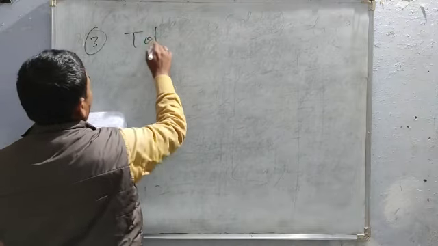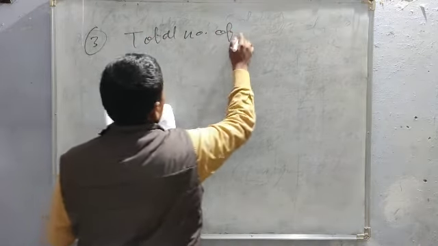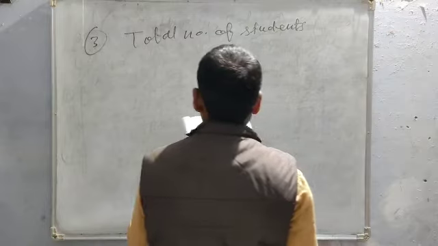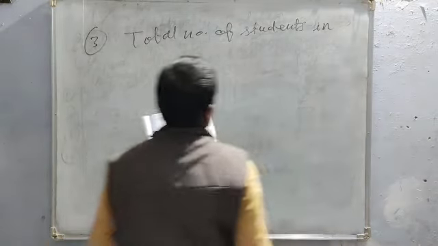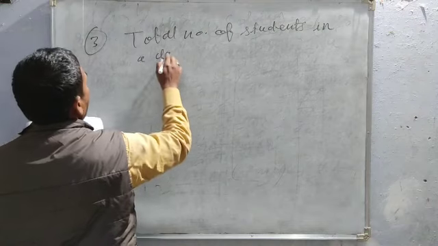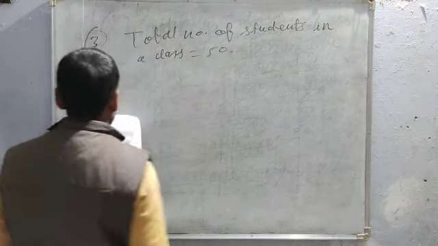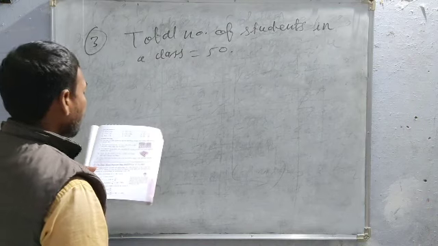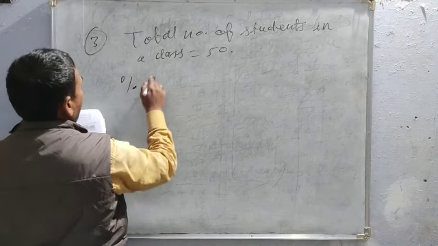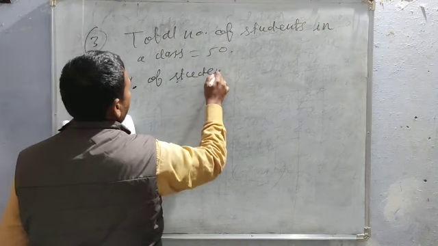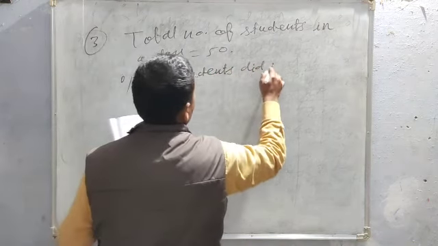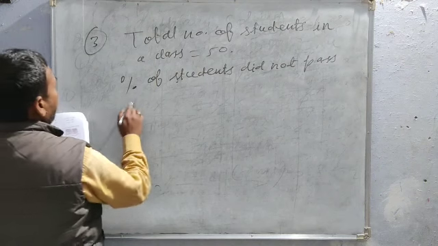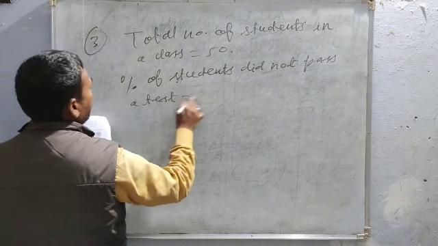So anyway, you can write total number of students in a class, in a class 50, and percentage of students who did not pass a test, that is 10%.